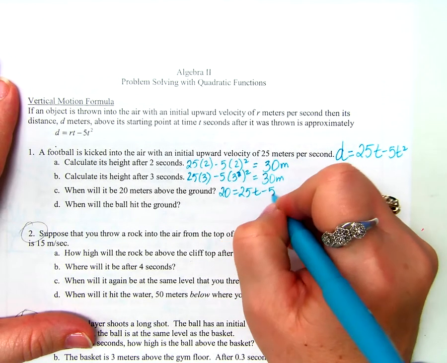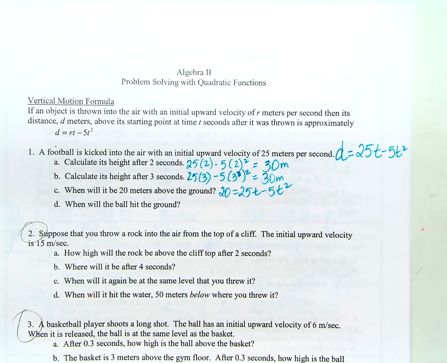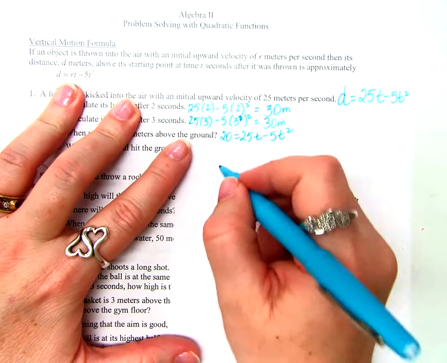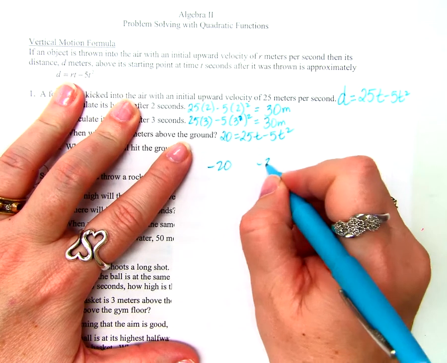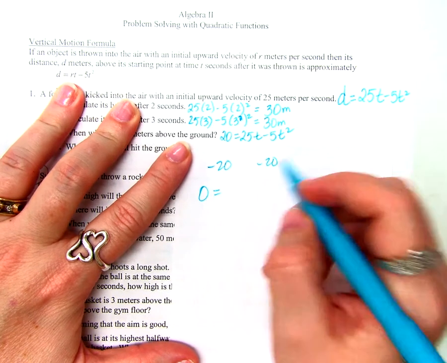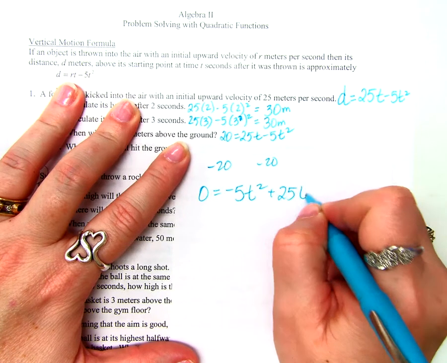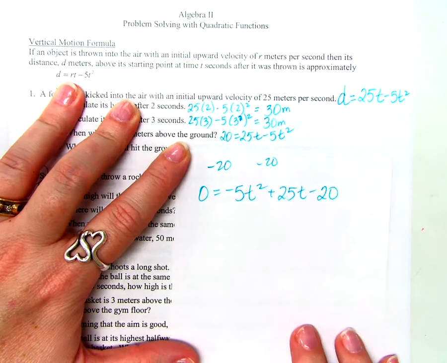25t minus 5t squared. Now, there's not enough room on that paper for me to work this out, so I'm just going to have another little sheet of paper up there that I work it out on. Okay. So if I subtract 20 from both sides, I get 0 equals negative 5t squared plus 25t minus 20.